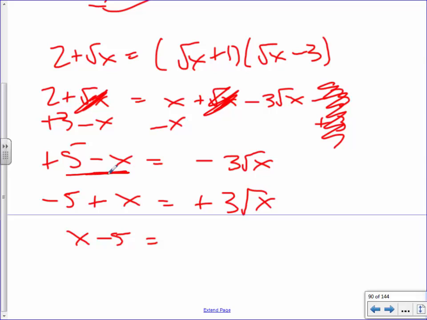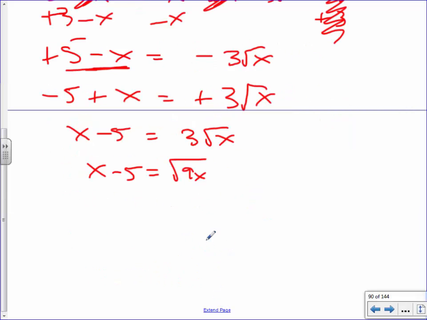Because right here, this 5 minus x seems odd compared to what you're used to. This trick of flipping all of the signs around also means that there's a plus 3 rather than a minus 3. It's a good point. So we've got x minus 5 equals root 9x, because you've already figured out you just throw the 3 inside.